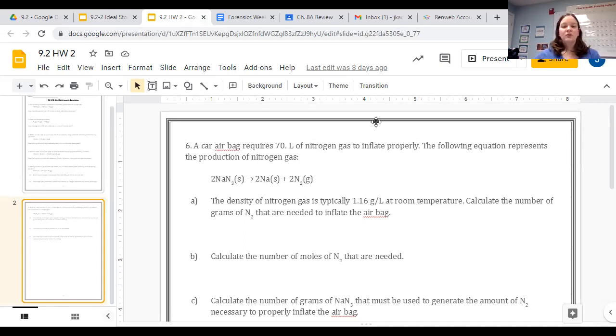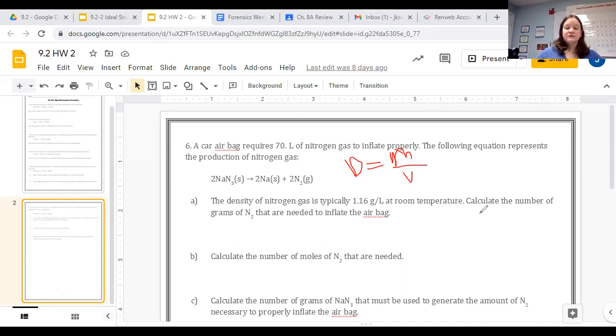Remember the equation for that is density, that's a D, is equal to mass divided by volume.